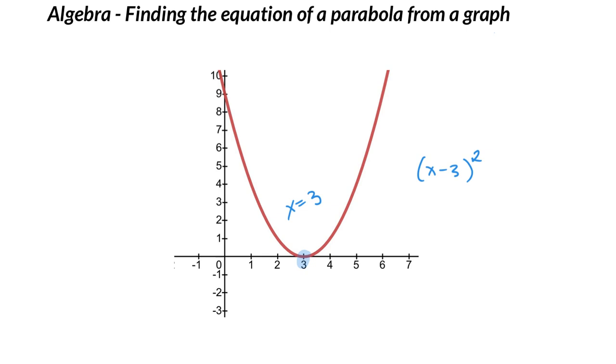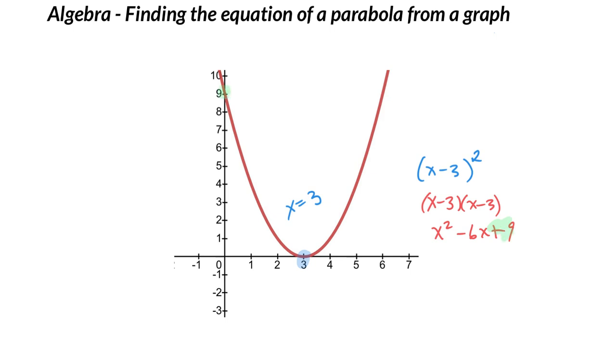So again, let me just multiply out: x minus 3 times x minus 3 would be x squared minus 6x plus 9. Look here. Y-intercept agrees.